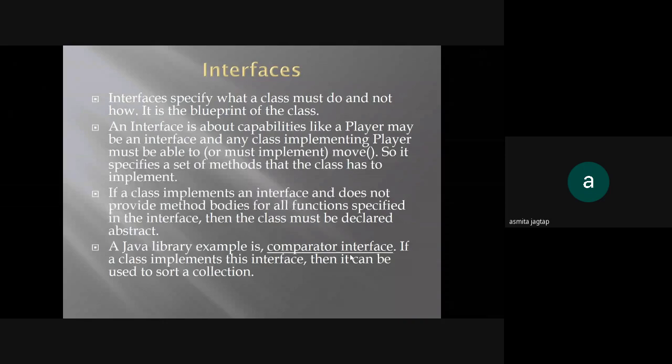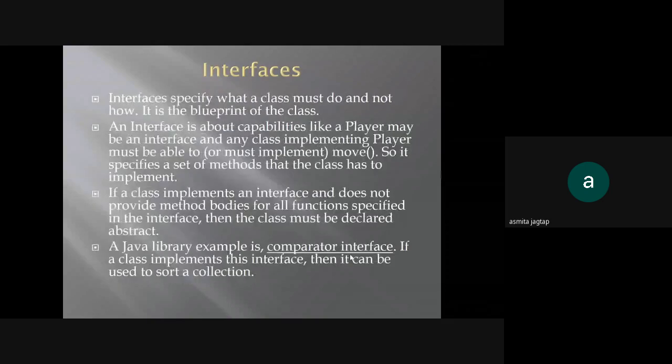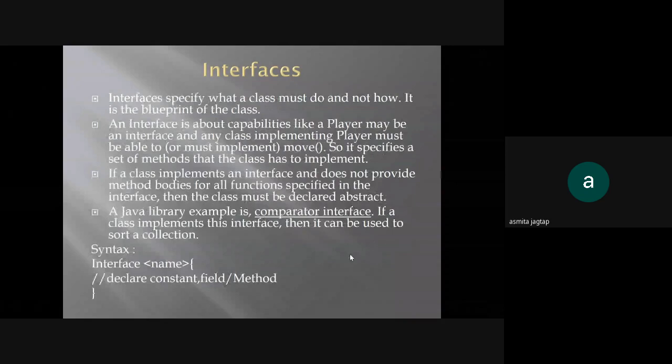This interface has the sort method, so if we are implementing any collection and implementing that interface in our own collection class, we can use the sort method from the Comparator interface. So it is clear: an interface is nothing but your abstraction only. It is one and the same thing as abstract classes.